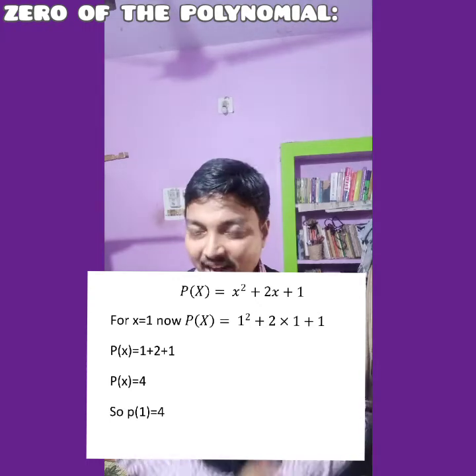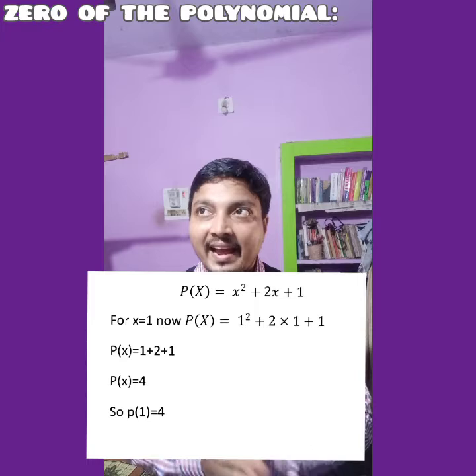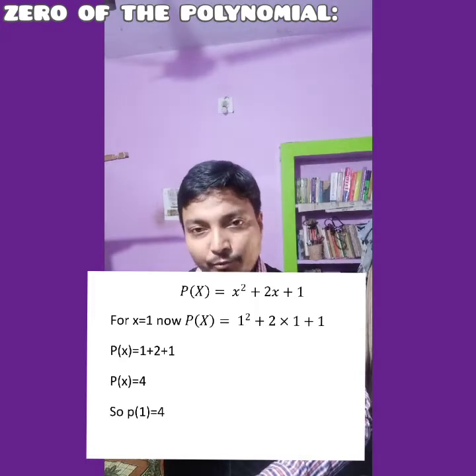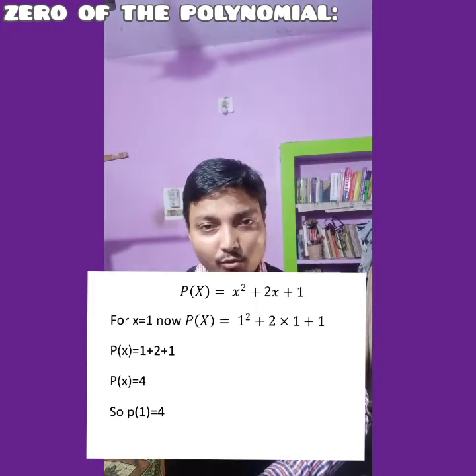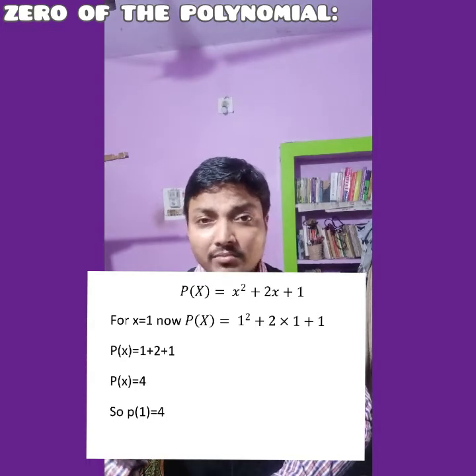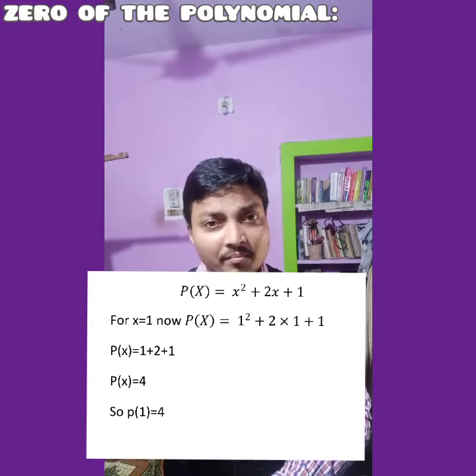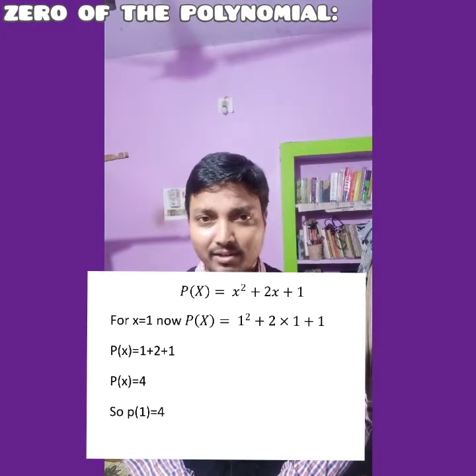You have already learned this in our standard 9. Whenever you put a value in the place of the variable, the result you get is called the value of the polynomial at x equal to 1, or otherwise at x equal to 2.